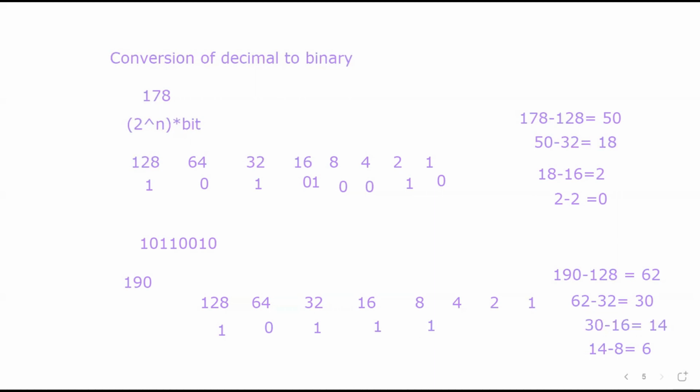Then 6 subtract 4 is equal to 2. I put 1 on 4, then 2 subtract 2, so 1 on 2 and 0 on 1. So the binary value of 190 is 1 0 1 1 1 1 1 0, right?